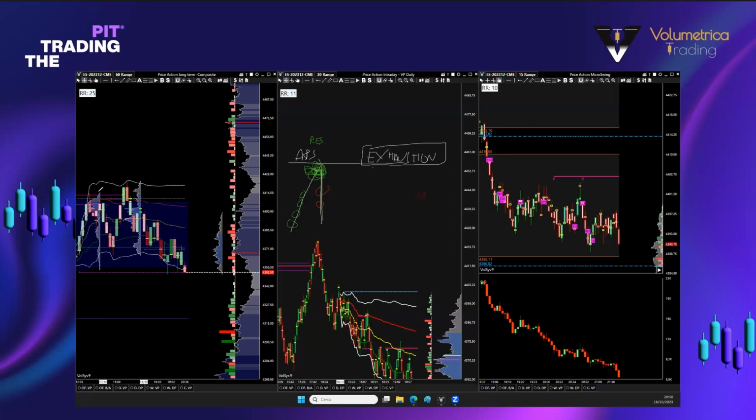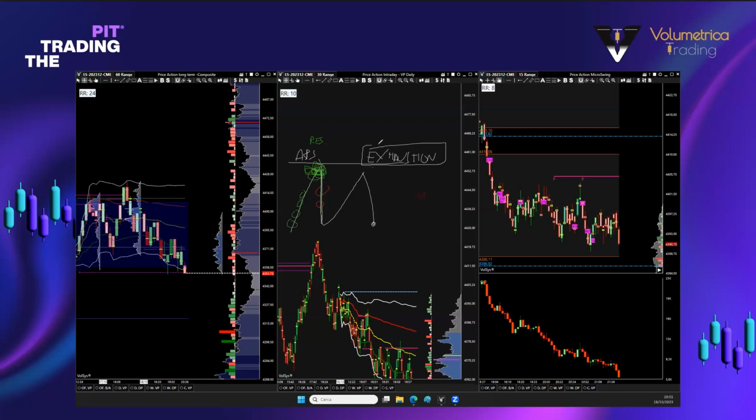And then if price comes back and pulls back to the area, that gets confirmed by an exhaustion following a previous absorption. Why is this combination particularly good when we look at the order flow?